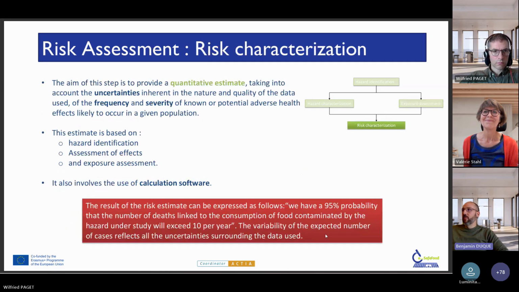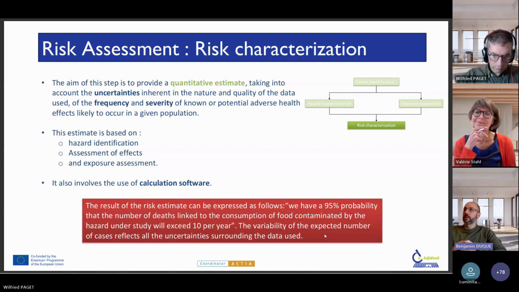And the last step of the risk assessment is the risk characterization. Basically, we take the data from the hazard characterization and exposure assessment, and we combine them to provide a quantitative estimate using calculation software. So the results of the risk estimate can be expressed as follows.